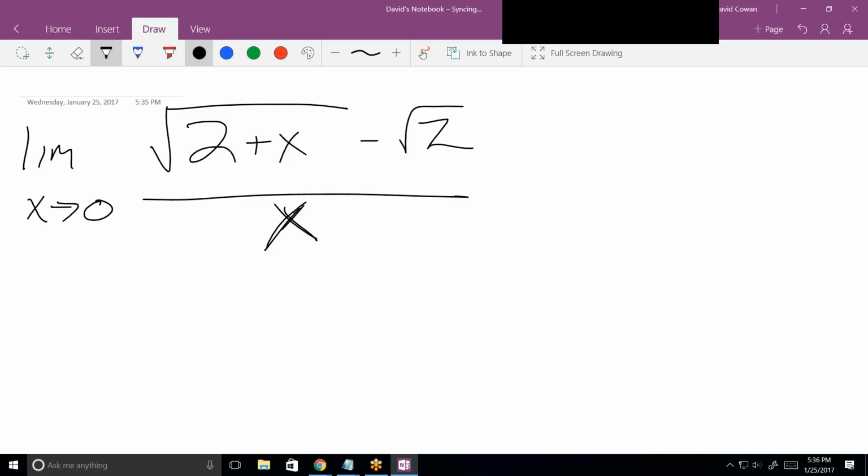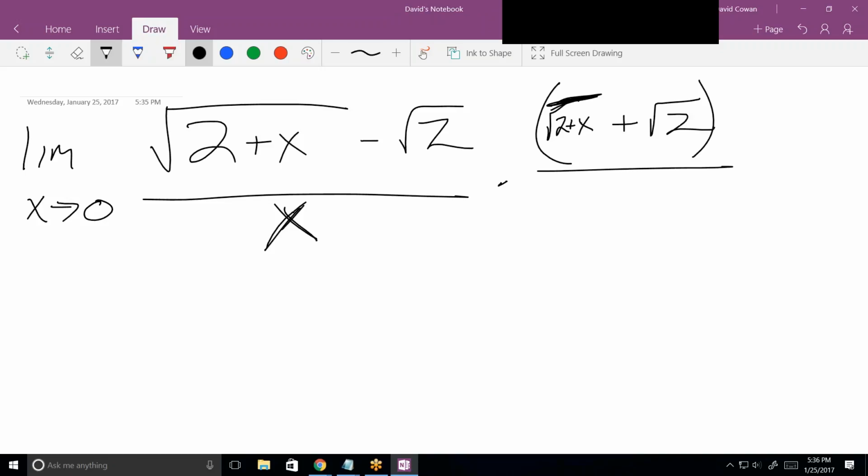Well, if I can't factor it, the very second technique I look to do is to multiply top and bottom by the conjugate of the most complicated part, which is the top here. So I'm multiplying top and bottom by the conjugate of the top. Well, you know what the conjugate of the top is? Root 2 plus x plus root 2.